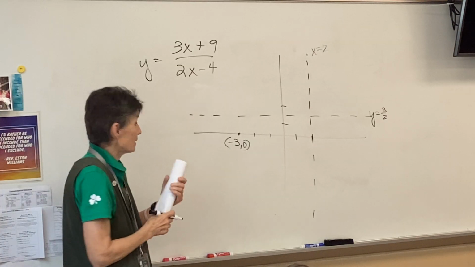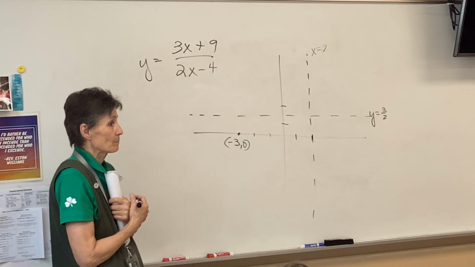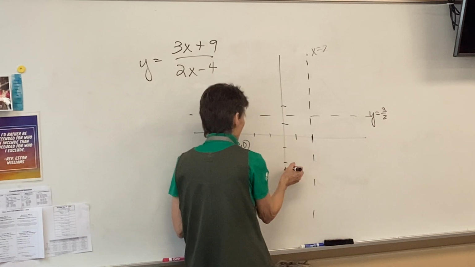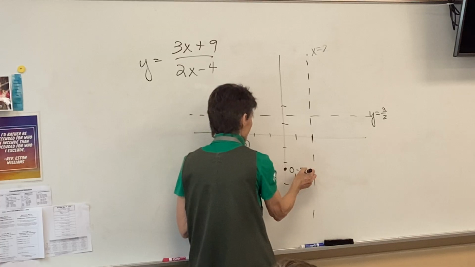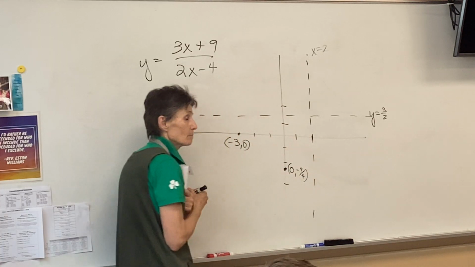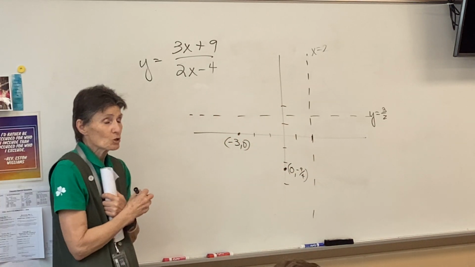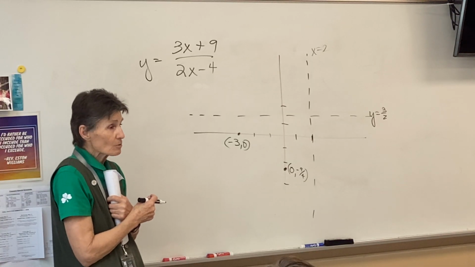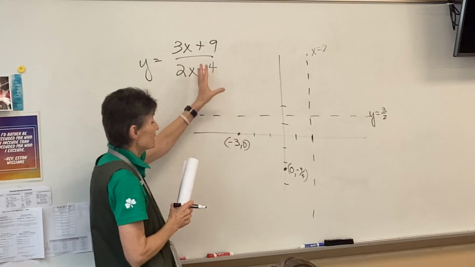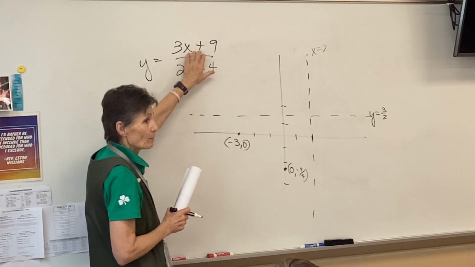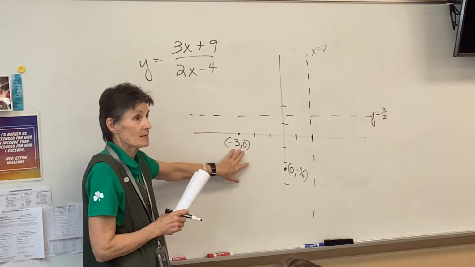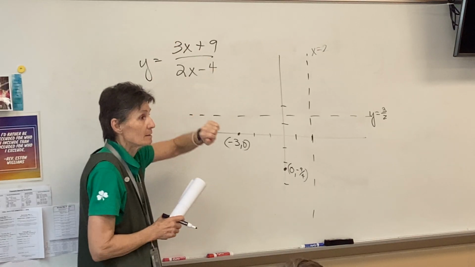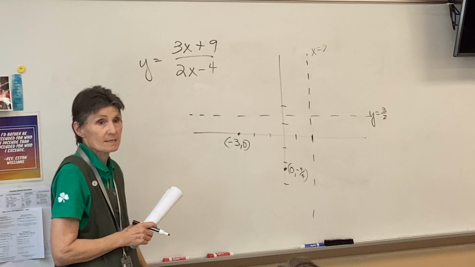If I plug in -3, I get 0. And if I let x be 0, I'm at -9/4. If you're not sure where those points come from, it's time to get that figured out. X-intercepts make the fraction equal 0. So the numerator has to be 0. Y-intercepts come from plugging in 0 for the x's.